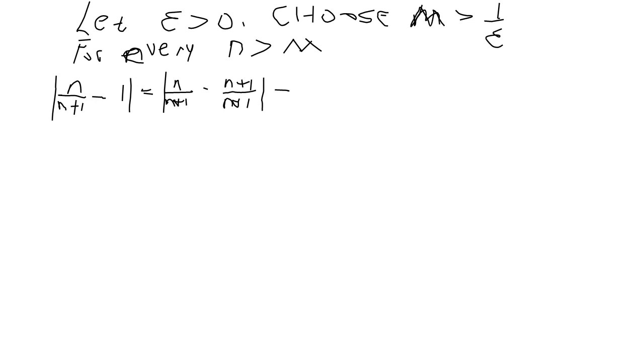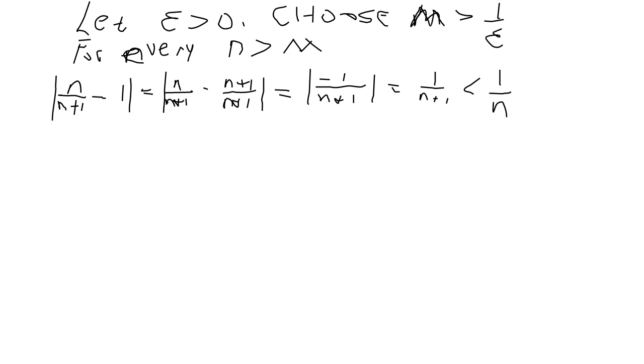It is equal to negative 1 over n plus 1, and taking the absolute value, that is 1 over n plus 1, which we know is less than 1 over n.